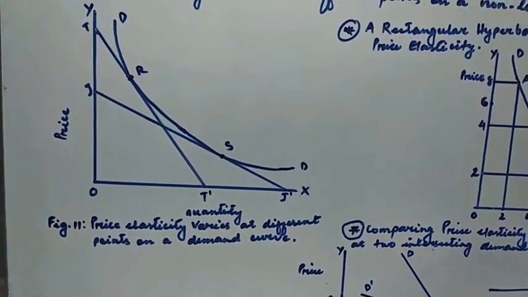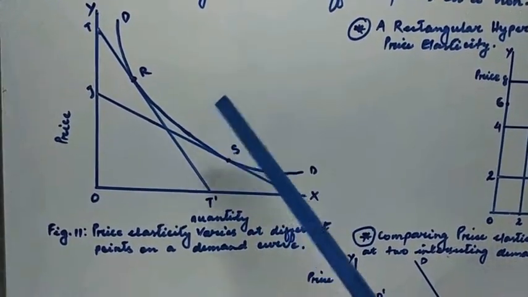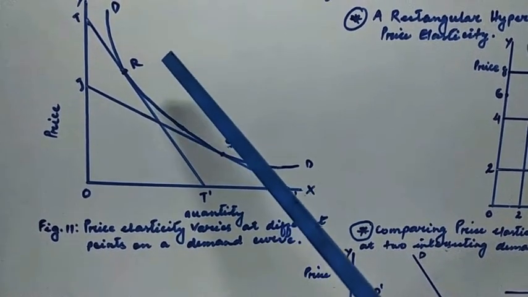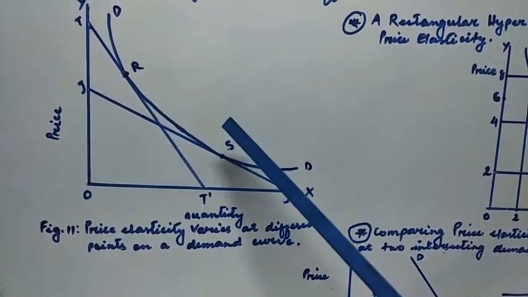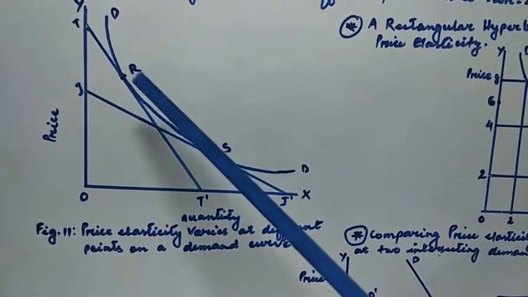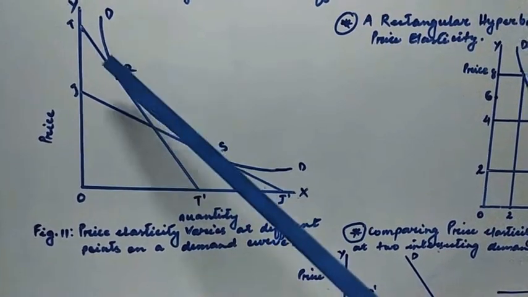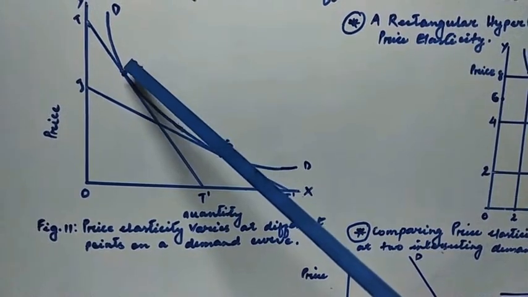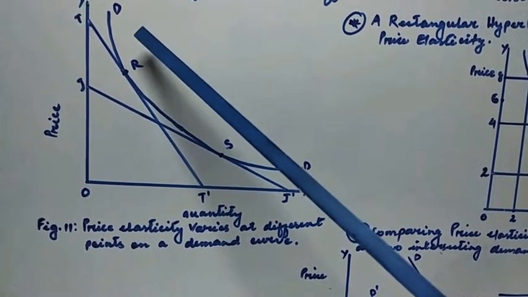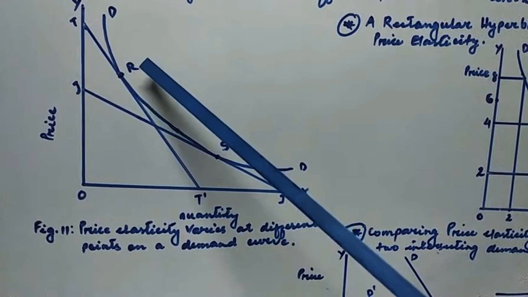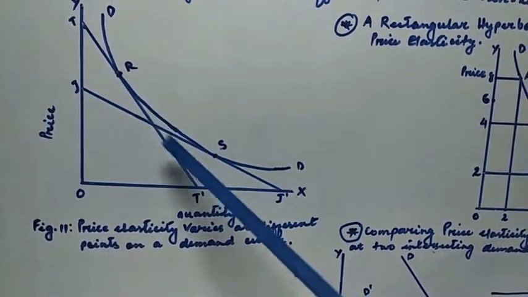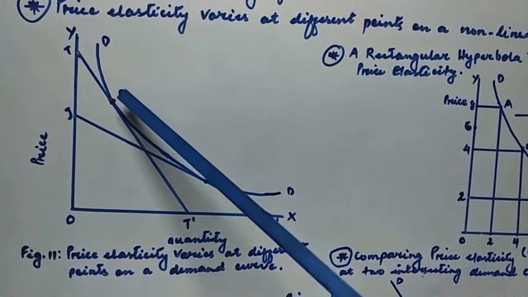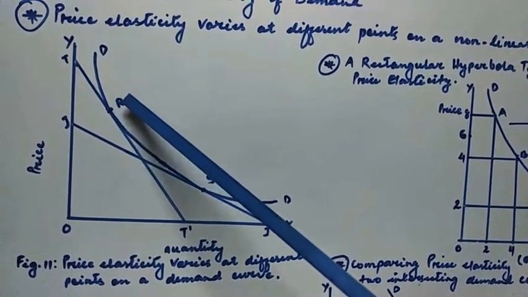As we have explained above, price elasticity at point R on the demand curve DD will be found by drawing a tangent to the demand curve at this point. So elasticity at point R will be RT dash divided by RT, because we found the formula for price elasticity at a point in the previous classes.